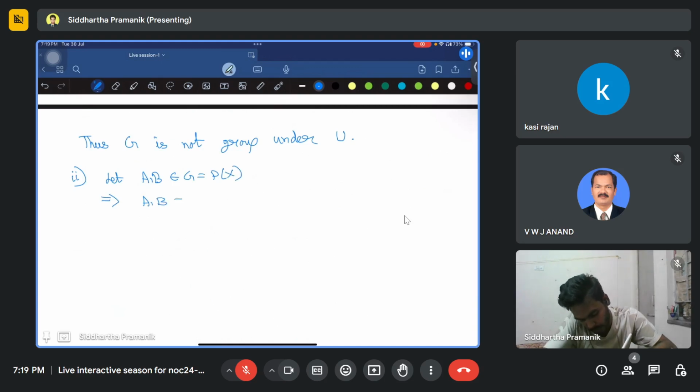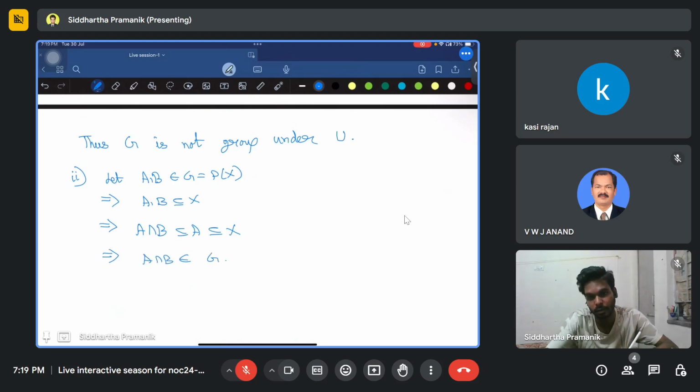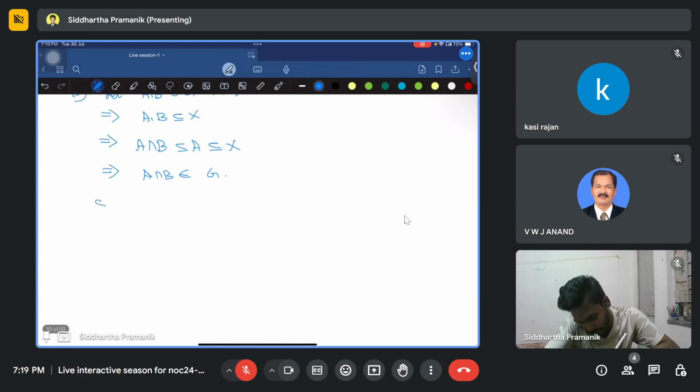So A, B are subsets of X. Since A, B are subsets of X, their intersection is a subset of X. So the intersection also lies in G, and the closure property holds. So G is closed under intersection of sets.